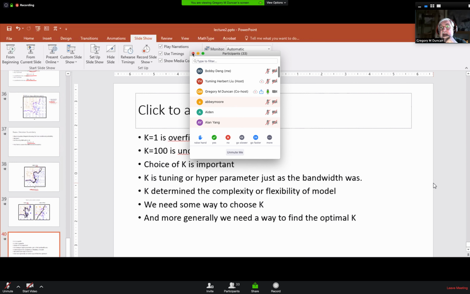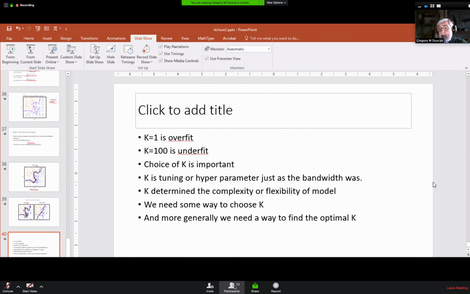Why don't we break now and come back at 7:30, and Herbert will do the lab. He will talk about R and matrices and vectors. Again, one of the things I'll mention is with vectors and matrices, I use them for notation, very few computations with them.